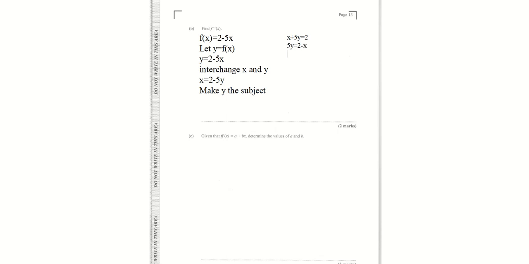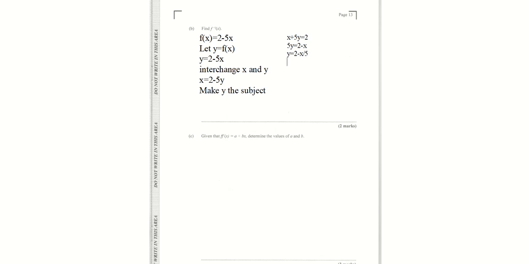And then we want y by itself. So y would be equal to 2 minus x all over 5, because remember, the opposite of multiply by 5 is divide by 5.